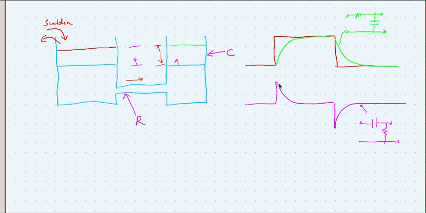If R into C is small, then this width will be small. So it resembles more and more the spike as R into C goes down and down compared with this width. So that's how we can explain integration and differentiation action through this.